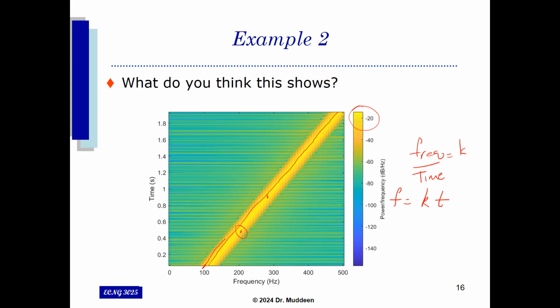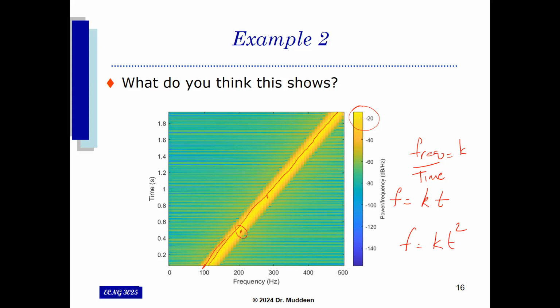If you look at it very carefully, you can discern a lot of information from it: what a constant frequency signal would look like, what a signal that is varying linearly would look like. And then if you were to imagine something varying like, let's say, f is equal to some kt squared, what would the spectrogram of that look like?